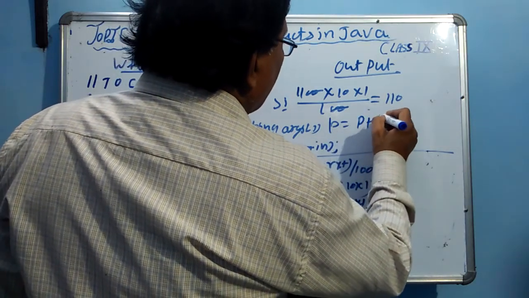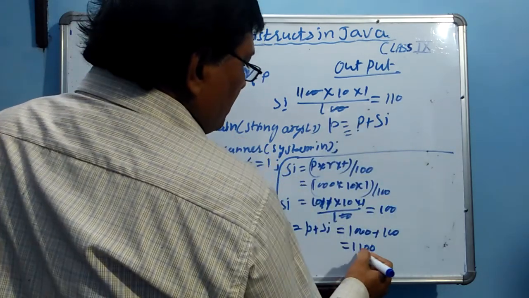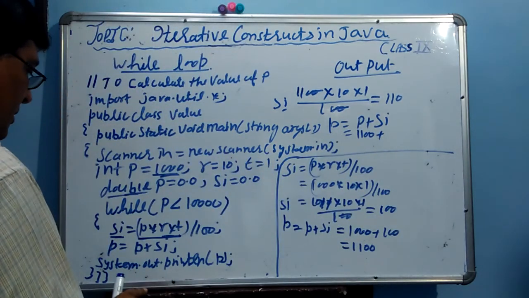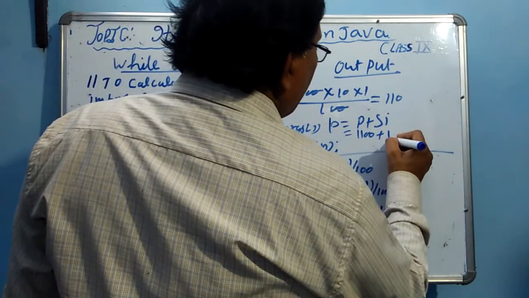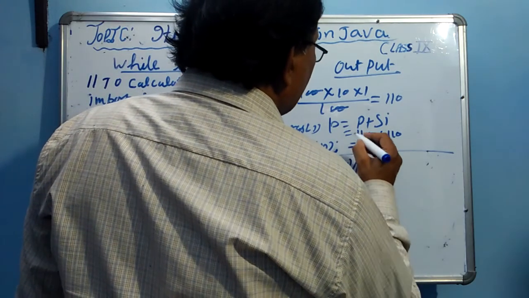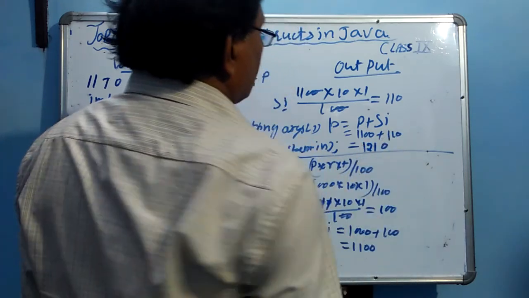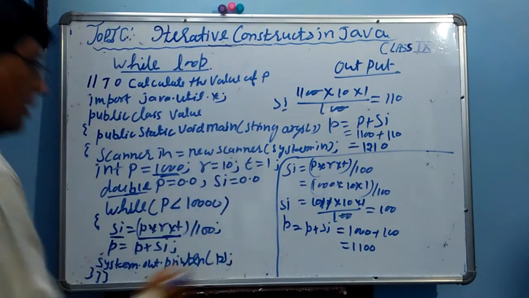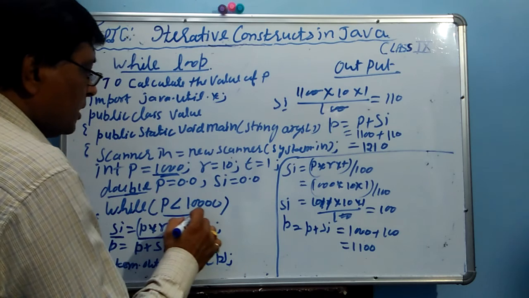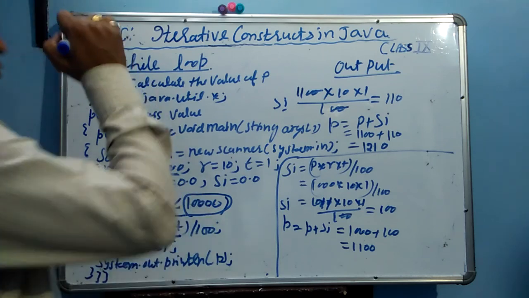P is equal to P plus SI, so P is 1100 plus SI, which is 110. So this loop will work like this again and again till the value of P is less than 10,000.